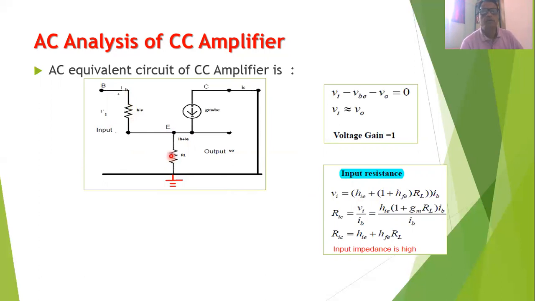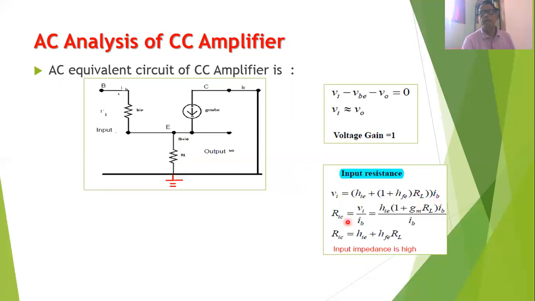The current flowing through RL is IB plus IC, or IB plus HFE IB. Therefore I can write the expression for VI as HI plus 1 plus HFE into RL, multiplied by IB.